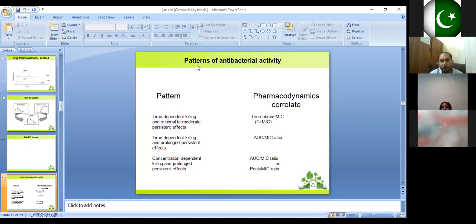The third group is concentration dependent, but like time dependent, it can also prolong the persistence effect.